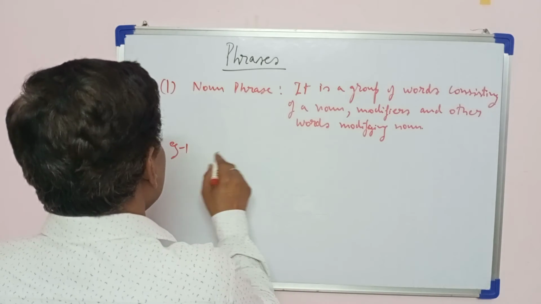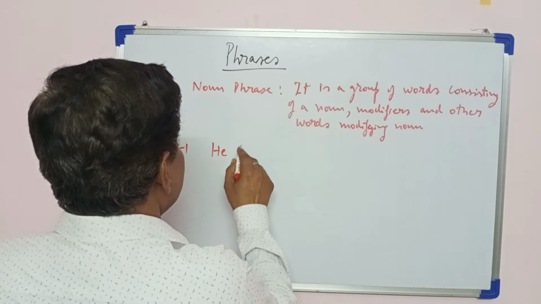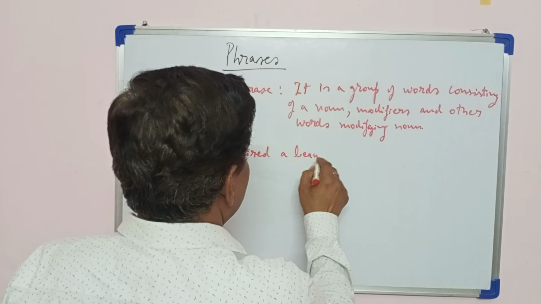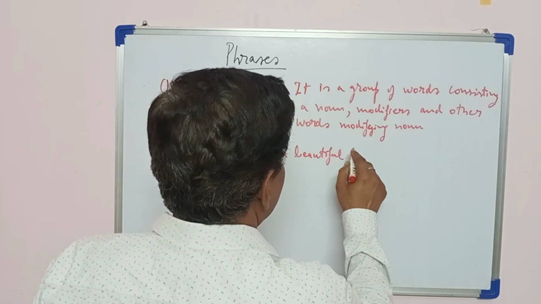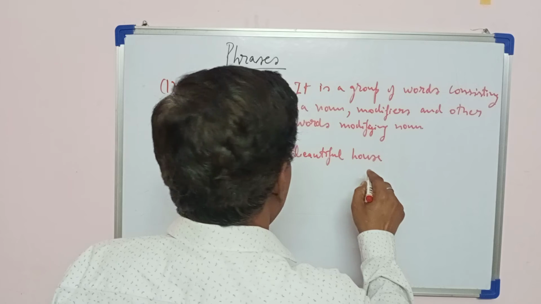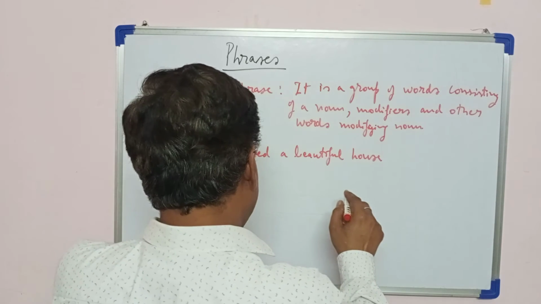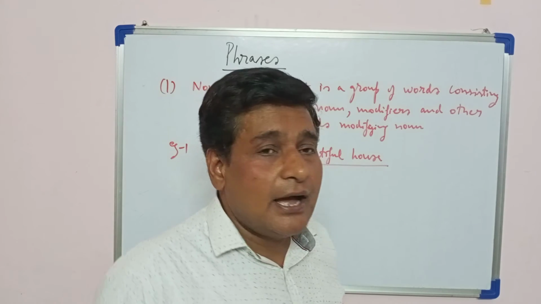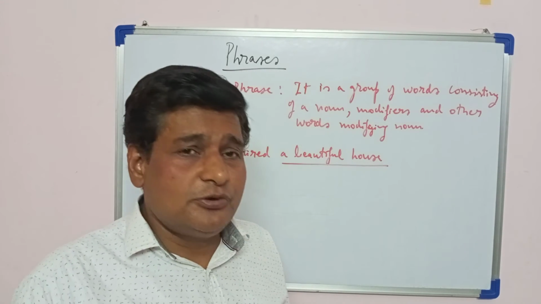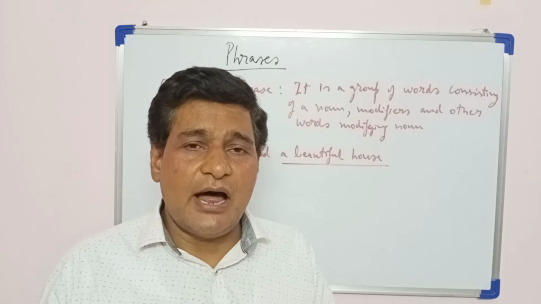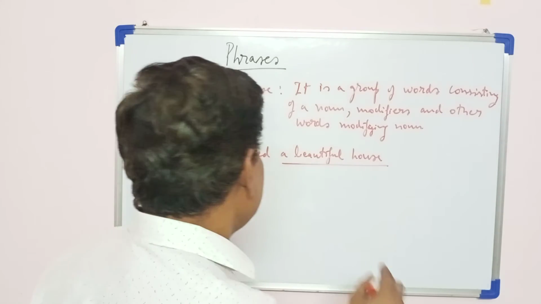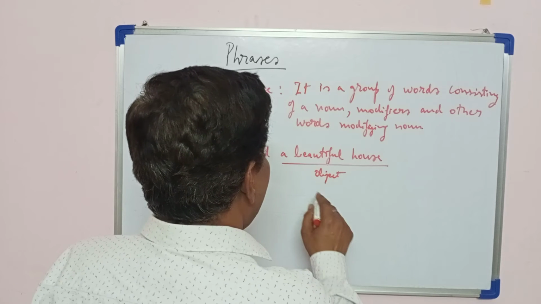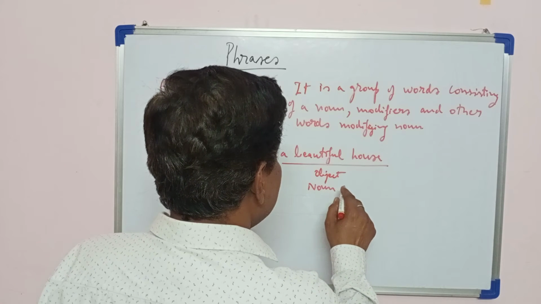Example: he hired a beautiful house. He hired a beautiful house, or he hired a huge beautiful house. So here you can see that this is working like an object and actually it is a noun phrase.